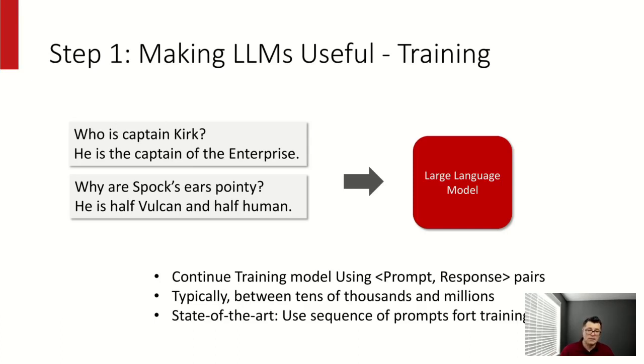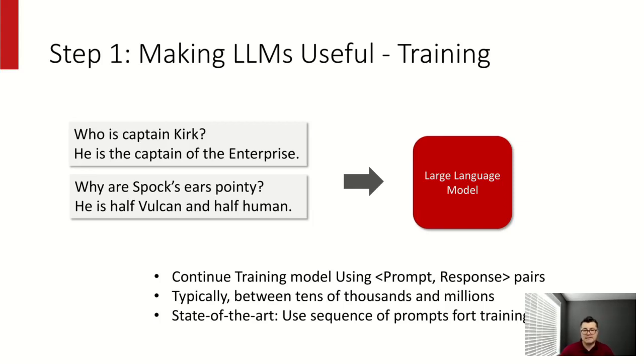Really, the state of the art right now isn't just using prompt response pairs. Instead, OpenAI is looking at using an entire sequence of questions to simulate a thread of thought, where it's not just one question but more of a conversation that they are training the model on.